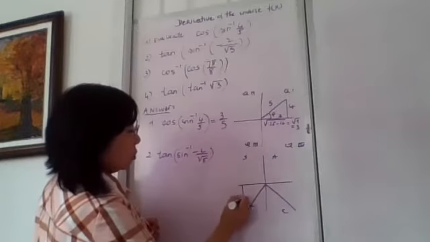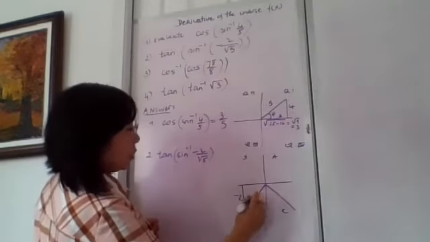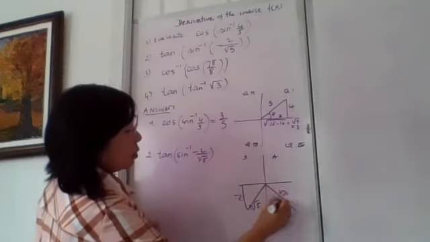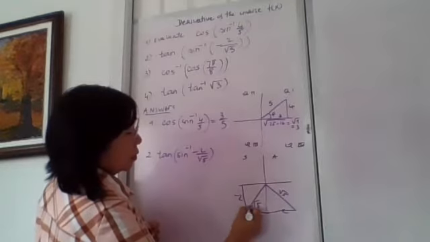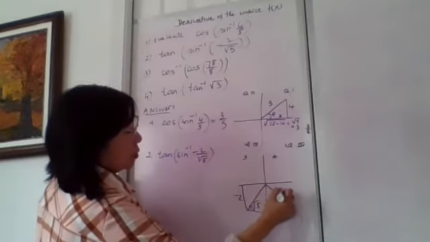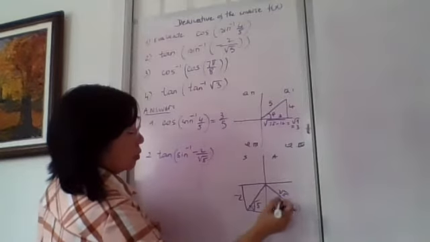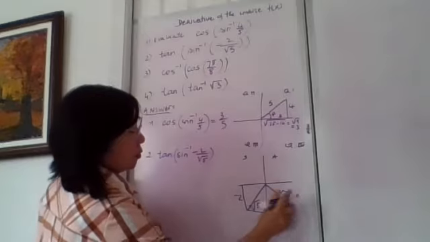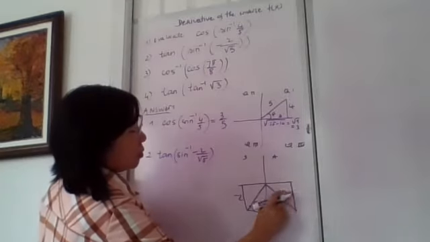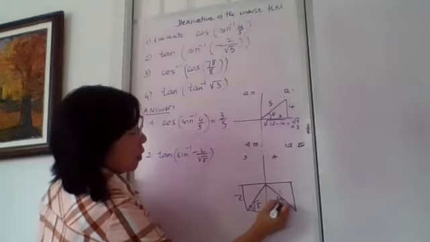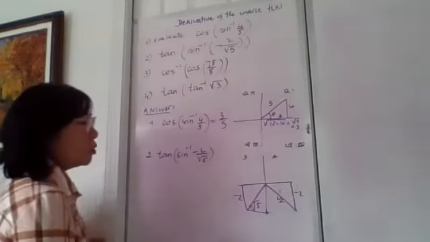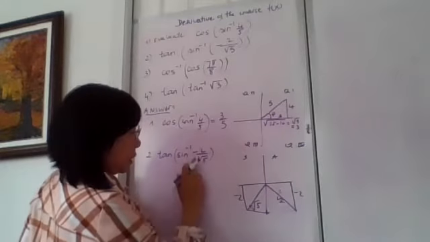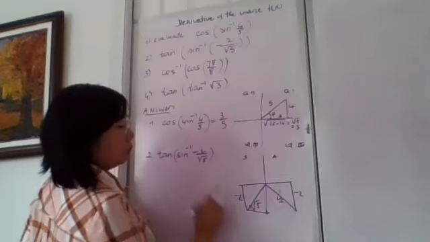So minus 2 is opposite over hypotenuse. Hypotenuse here is square root 5, same here. So we talk about this one. This is square root 5 and minus 2, right? So we will have 2 angles in quadrant 3 and quadrant 4 for the negative side ratio.